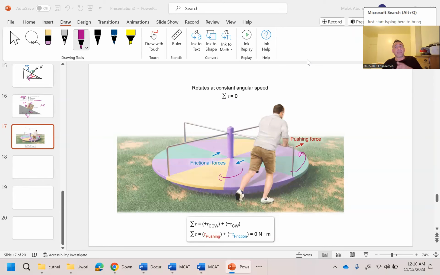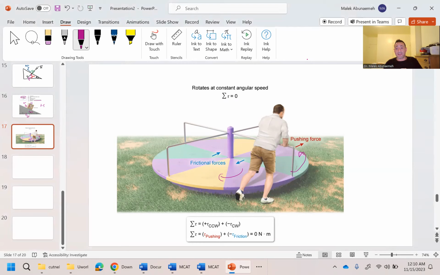To keep this platform from turning, you're going to have two forces: a pushing force going counterclockwise, and the frictional force going clockwise.